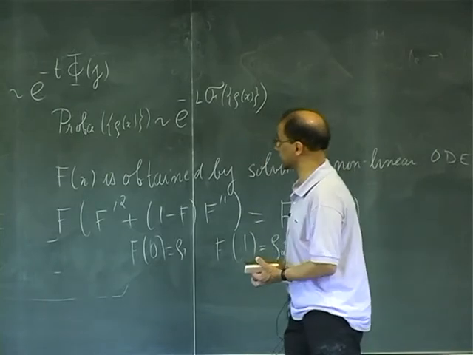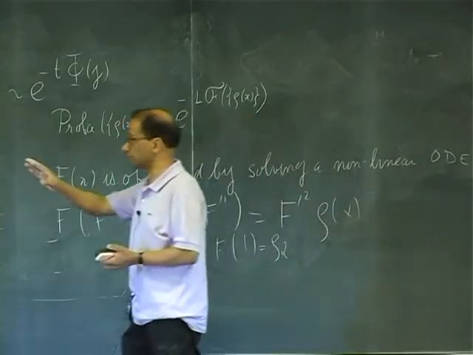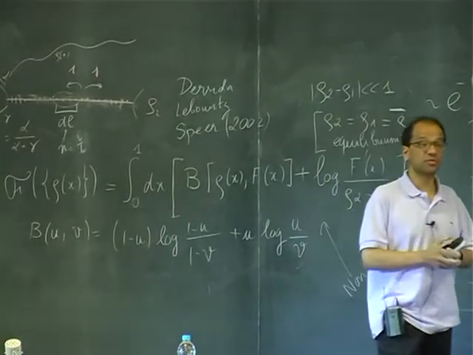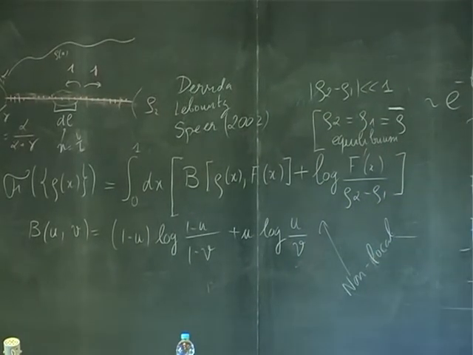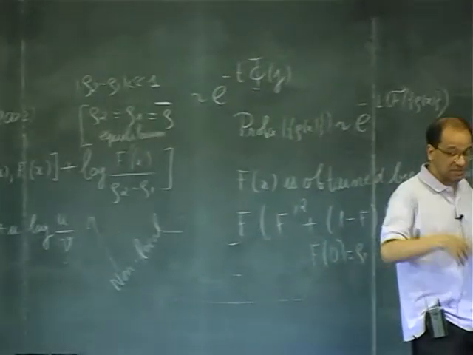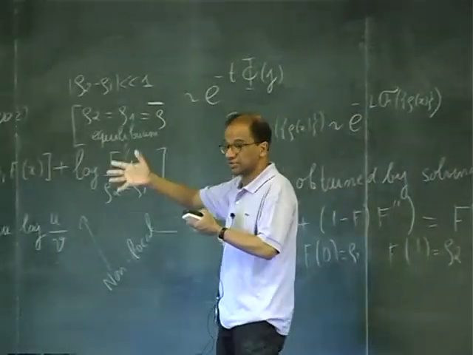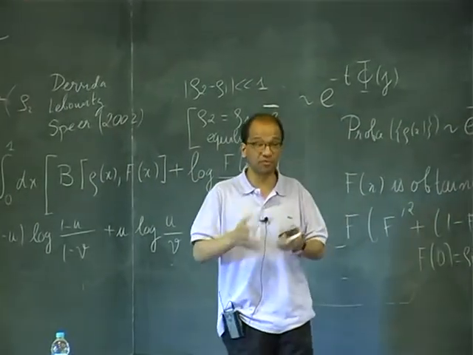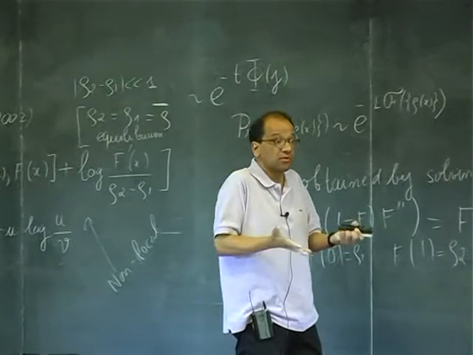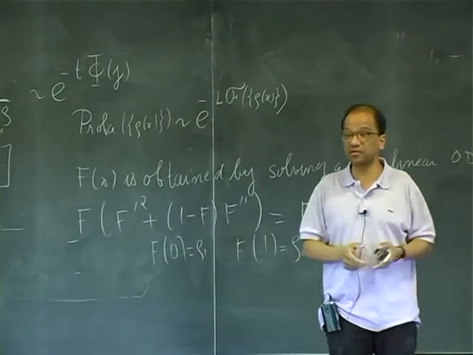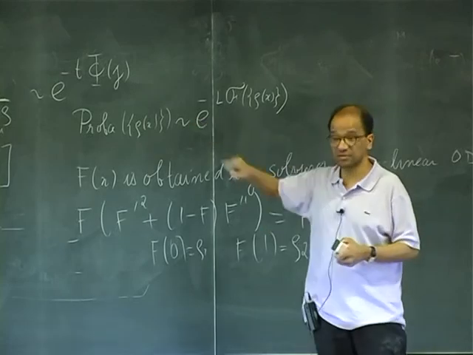Now if we are interested in the current that has flown from left to right during time t, we need to know about time-dependent evolution, because we are counting how many particles since the beginning of the experimental time up to time large t have flown from left to right, and this is a non-equilibrium time-dependent question. And there we shall need the Bethe Ansatz. Here we don't need Bethe Ansatz.